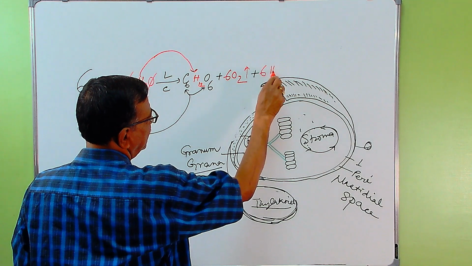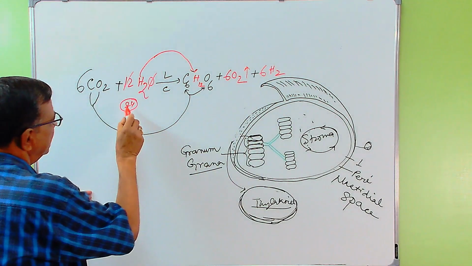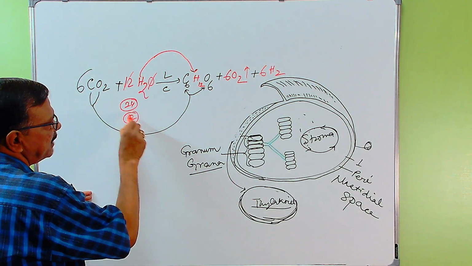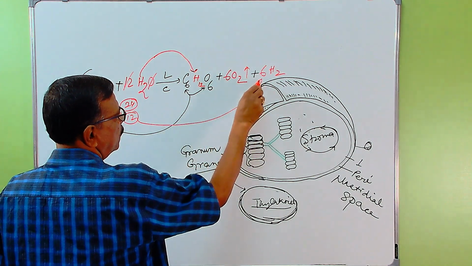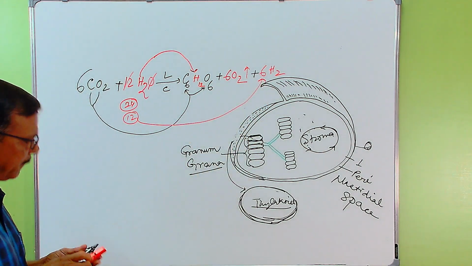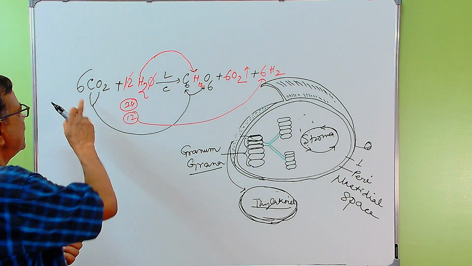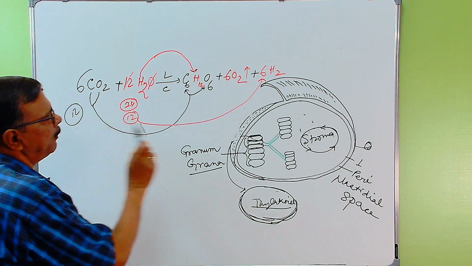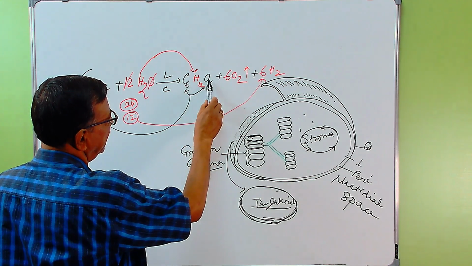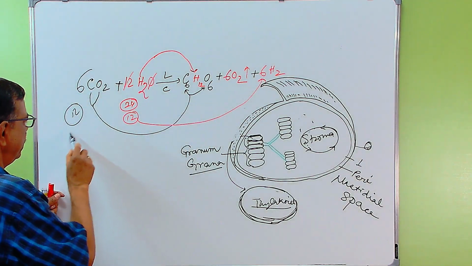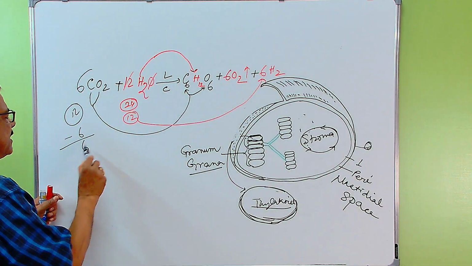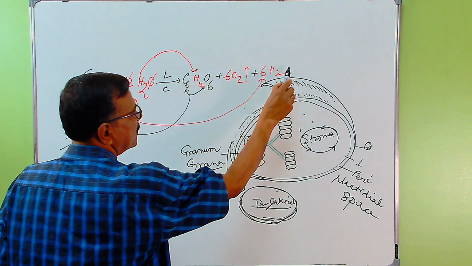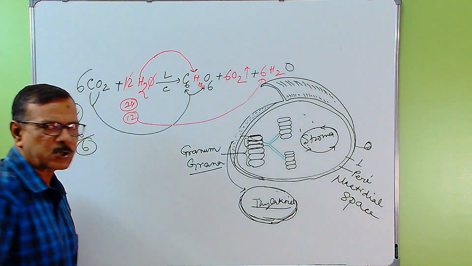That 12 makes 6 H2. And what about O? Out of 12 O, here is 6 O, minus 6, then 6 O.